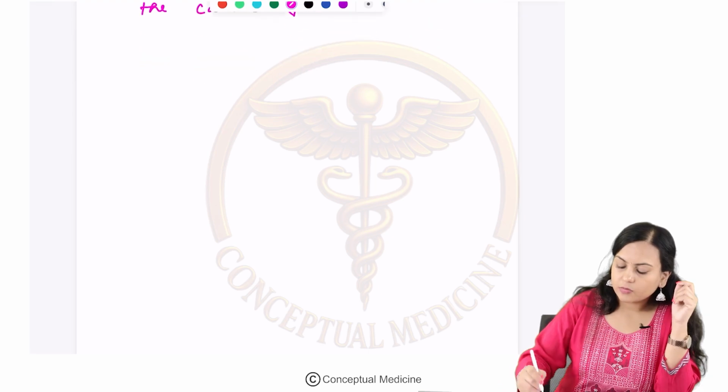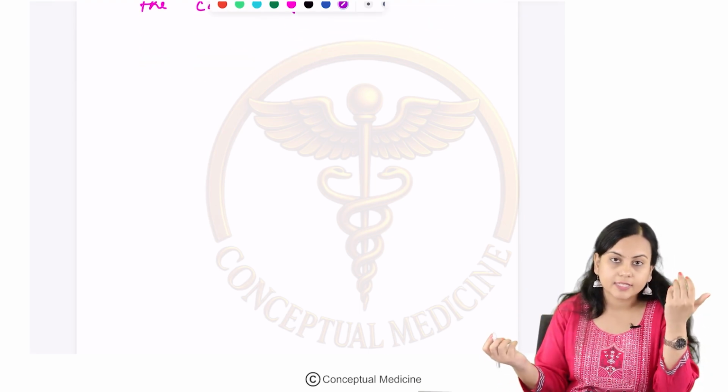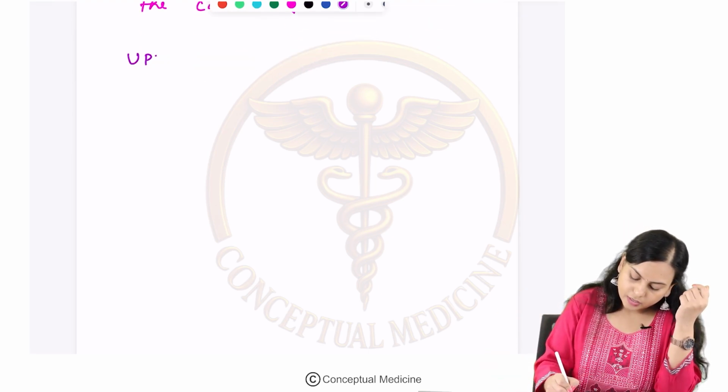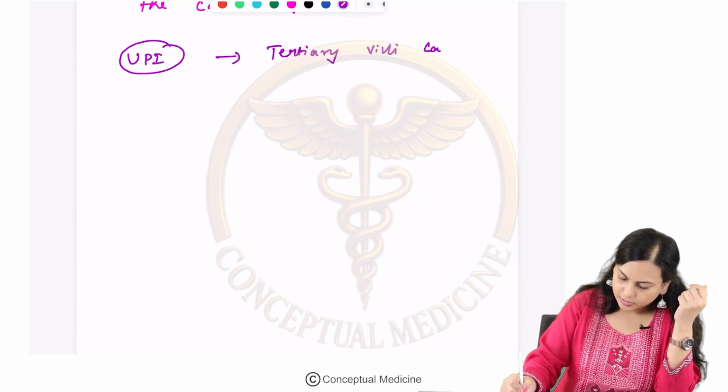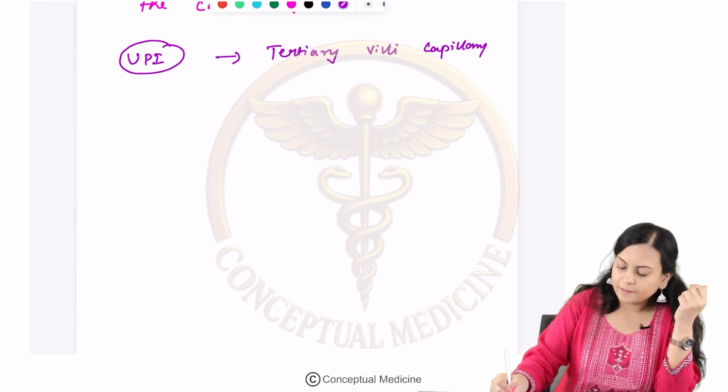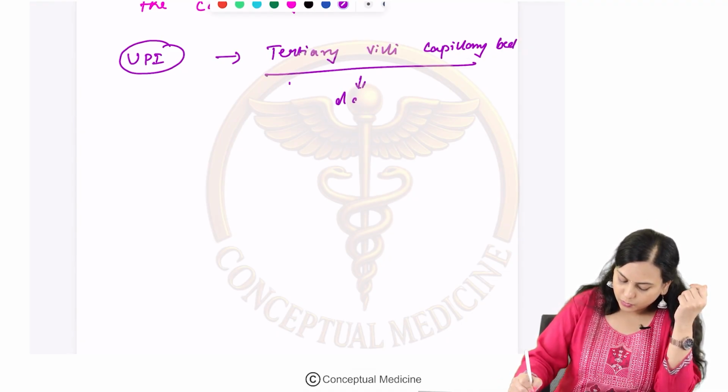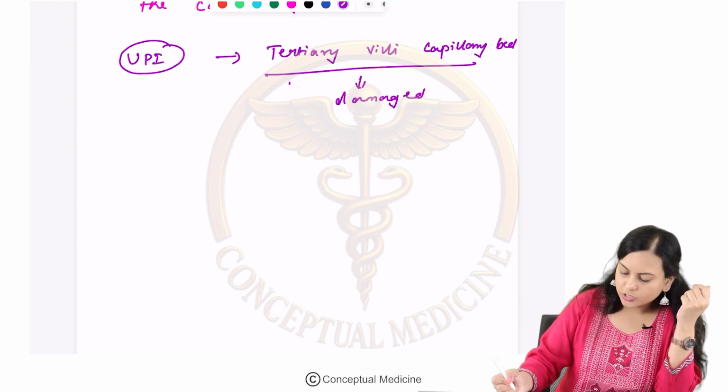Okay. So what is happening in uteroplacental insufficiency is that there is a damaged tertiary villi capillary bed. Okay, so this is found to be damaged.